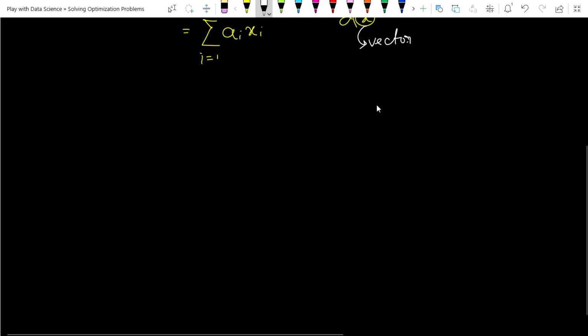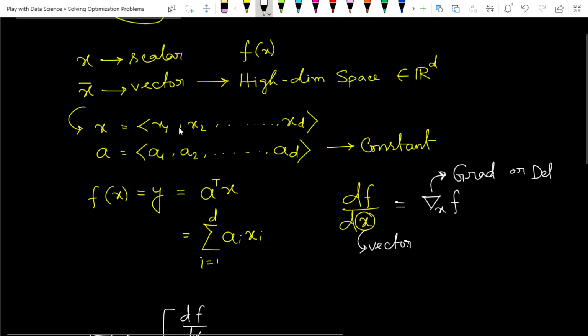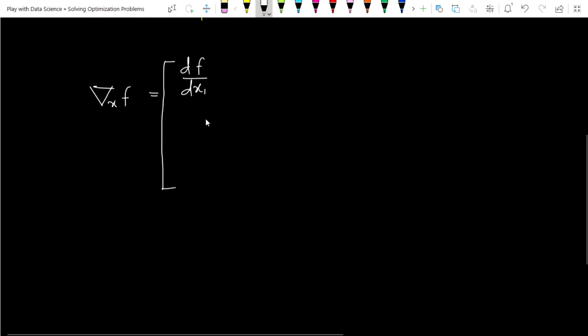Now if we use this notation f of x, what is the result of this differentiation? Here we are using vector differentiation, so our resultant must be a vector. The vector is del f by del x1, because if you see, our x vector has d components, so the differentiation will also have d components.